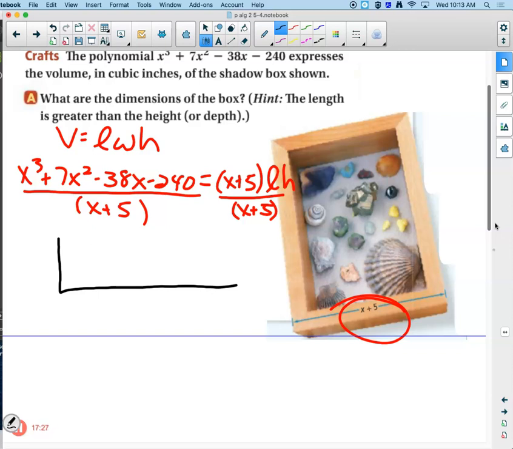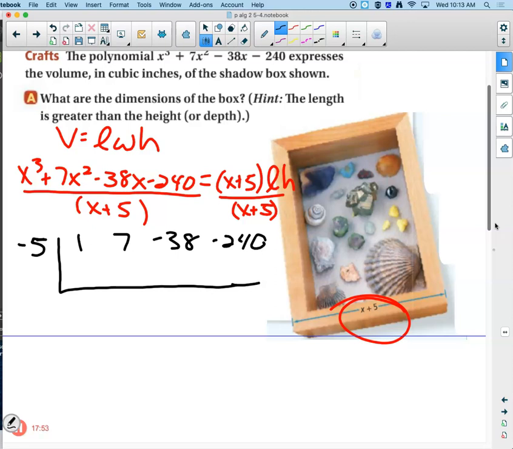Good, -5, yes. Now let's make sure everything's there. And even if something's missing, we got to put a 0 down. 3, 2, 1, 0. Hey, they're all there. So like I said, even if that 240 was not there at the back, we have to put a 0. That's the only way synthetic works.